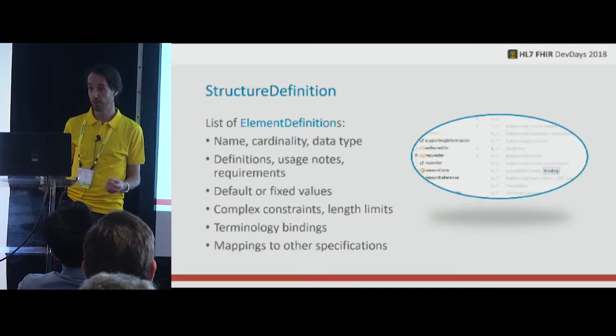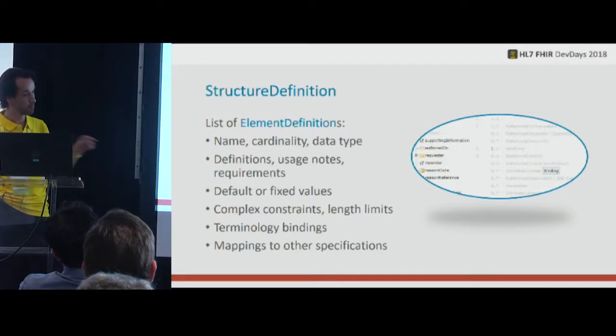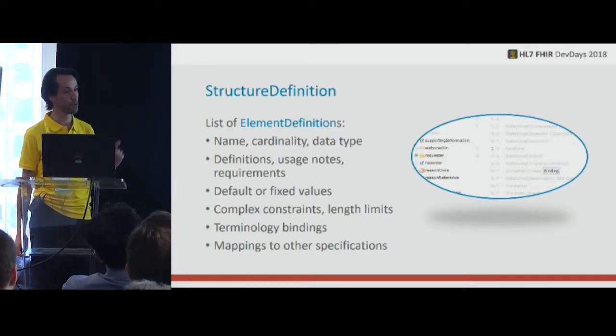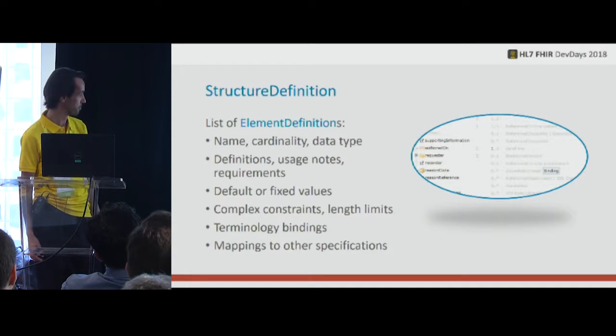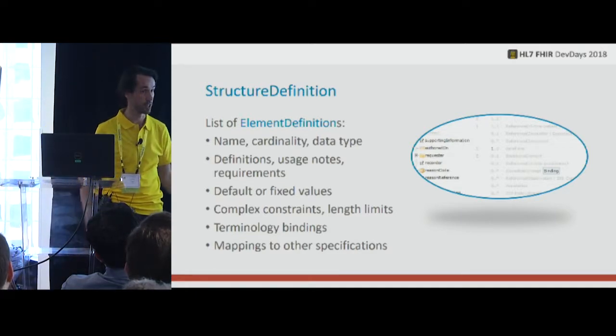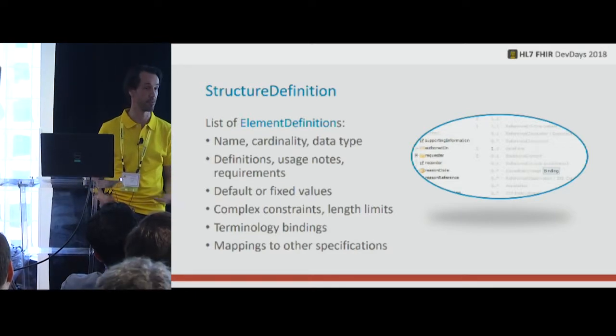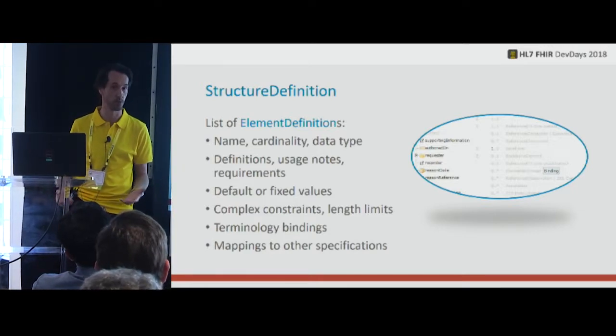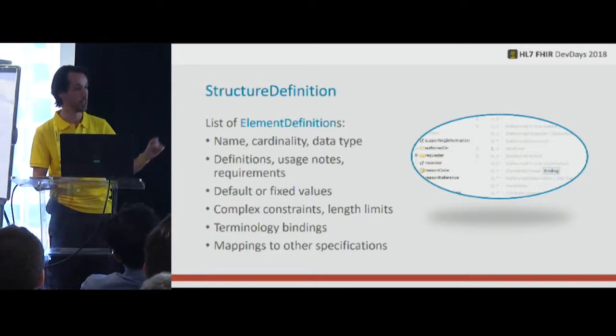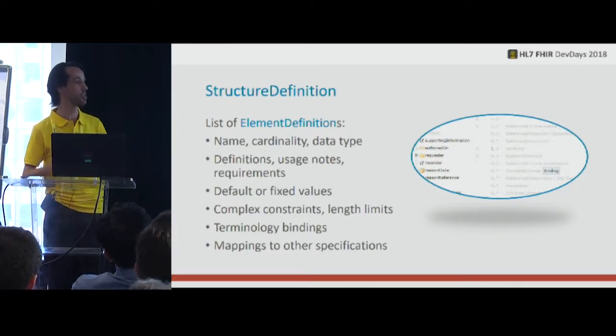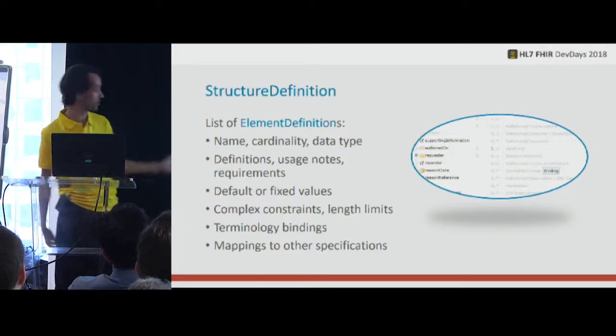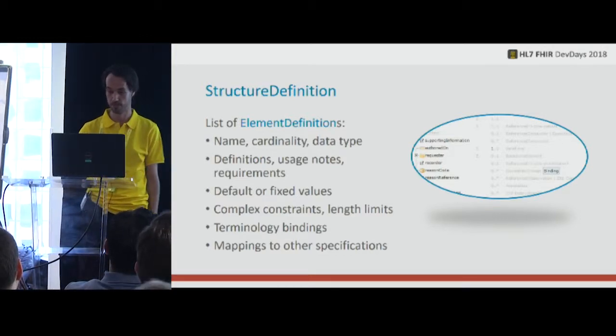Terminology bindings, very important. So that's how you fix a field. Say you have to use a LOINC code, you have to use a SNOMED code. And mappings to other specifications. Out of the box, all these resources already have a bunch of mappings on them created by the working group, so you know how to map to V2, V3. But if you extend and create your own profile and define new elements, you could add your own mappings.